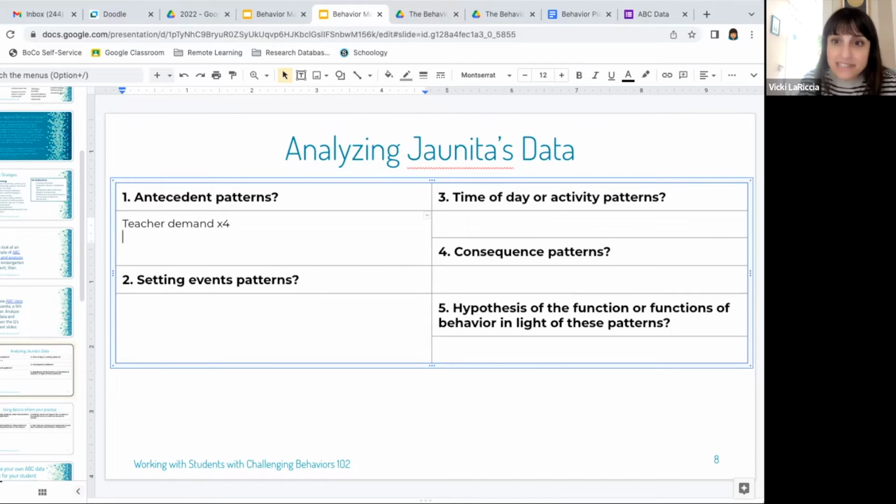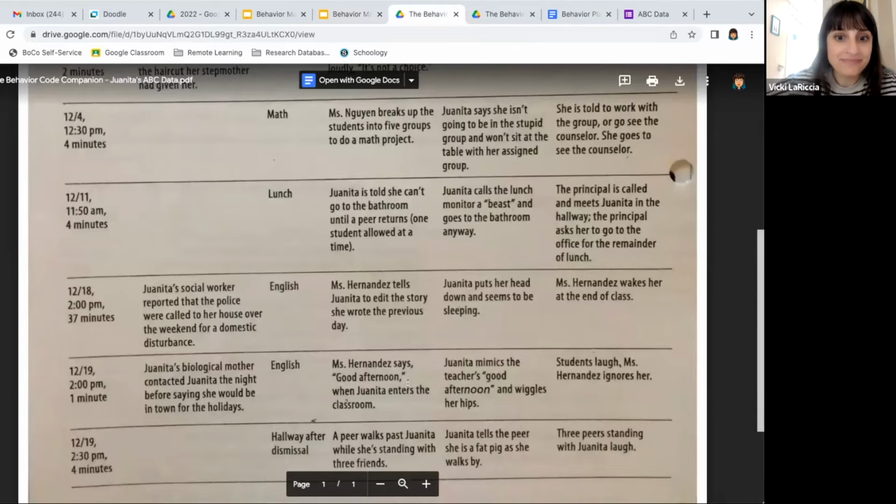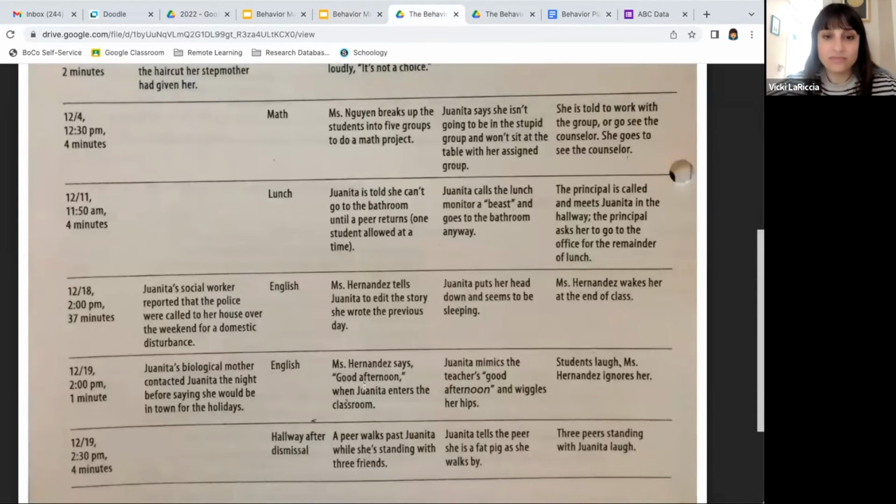Someone says task avoidance. Well, the antecedent isn't behavior. I'm wondering if the person who wrote task avoidance is thinking about the behavior column. Okay, yes, they said yes. And then someone says that the last 2 are related to attention. That might be a function of the behavior, but what's happening in those last 2? Just the antecedents.